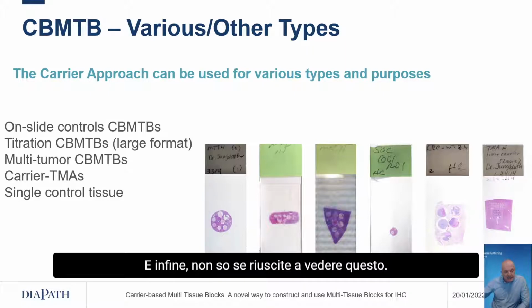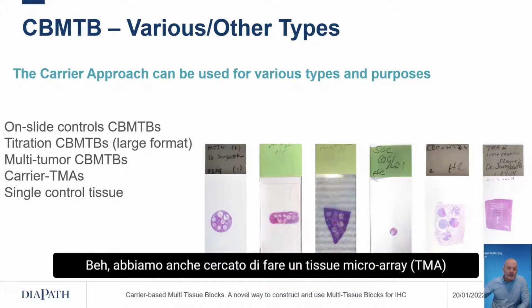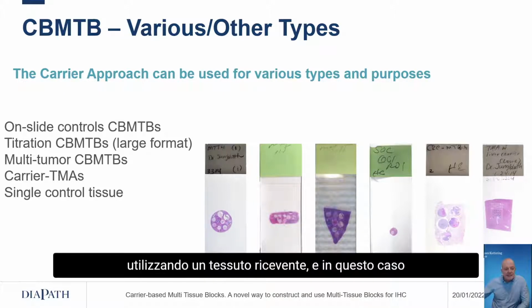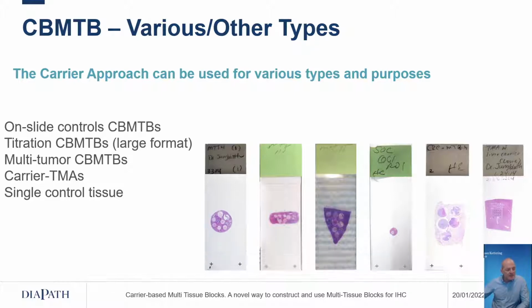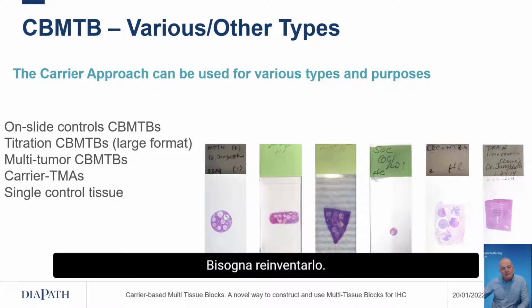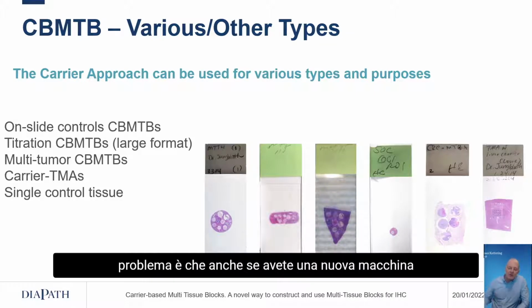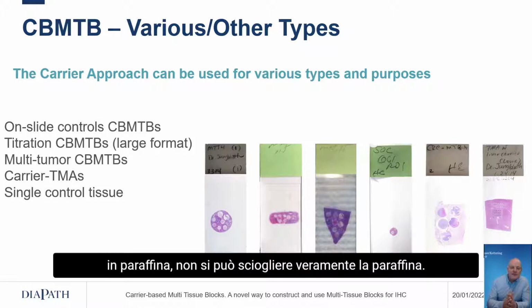And finally, I don't know if you can see this well, we also tried to do a TMA and use the carrier tissue. In this case, we used liver, and it works just as beautifully. The procedure is always the same. Just like with this one, you have to re-embed it. But remember, when you do a TMA, normally the problem is, even with the new machines like the new tissue arrayers, once the cores are in paraffin, you cannot really melt the paraffin.